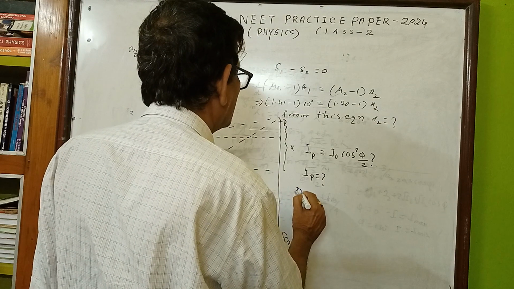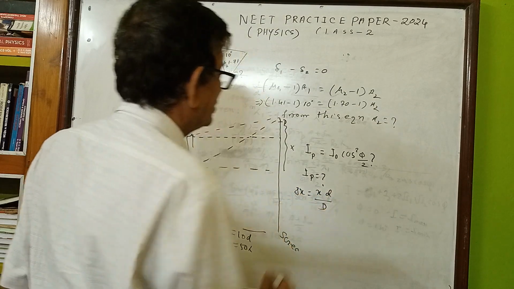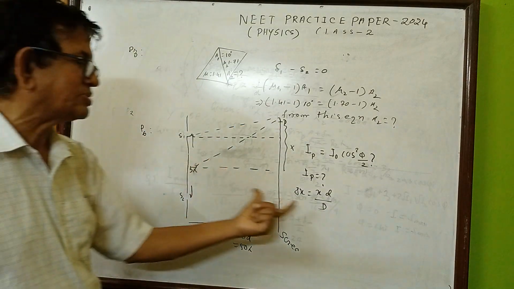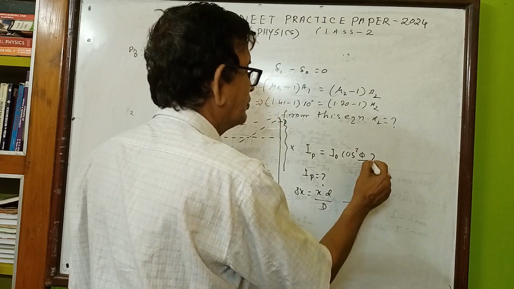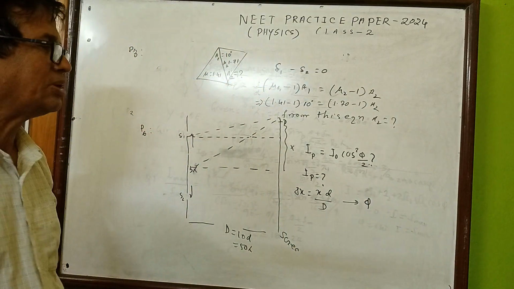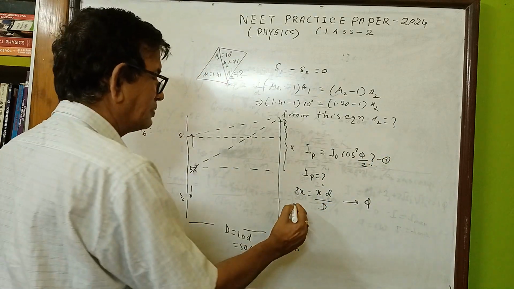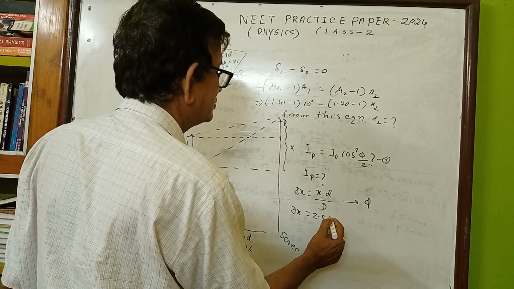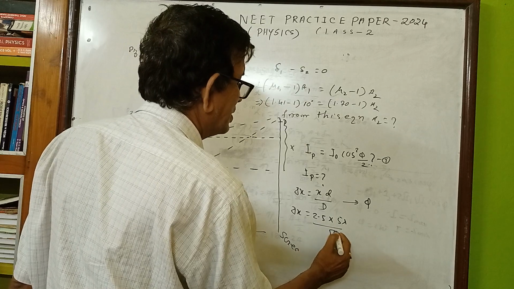You know the path difference formula, that is x small d by capital D. Once two rays go to the point P, first calculate the path difference. From this path difference you get the phase difference, then you put this phase difference in equation number 1, and you get the intensity.